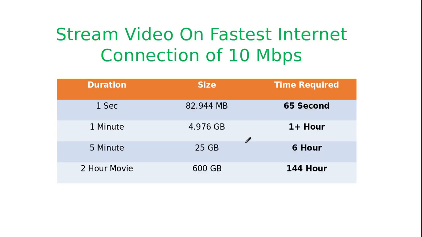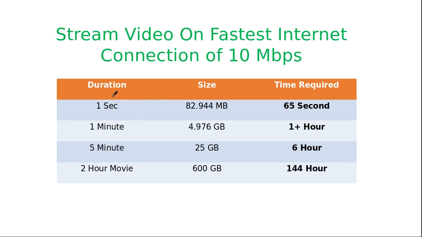Now suppose we want to transfer this video over a fast internet connection of something like 10 Mbps from one machine to another machine, or something like YouTube or even Netflix streaming those videos over the internet to millions, even billions of subscribers. Let's see how much time it takes.